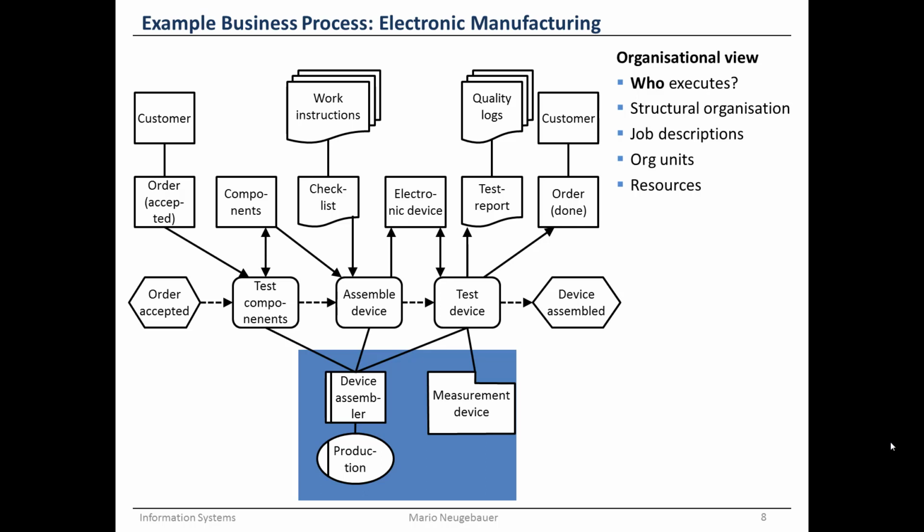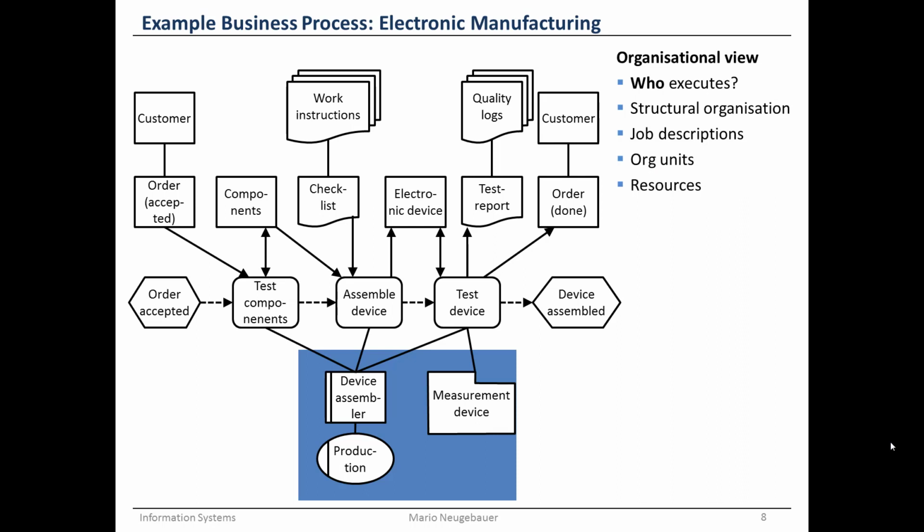And there are these connections between the person, the job, the device assembler, and these activities. So that means that the device assembler is responsible for executing these process steps. And the device assembler, as usual in the organization, is assigned to a certain department. So in this case, the production department, and we also depict here the production as the department, as a kind of part of the organization here.